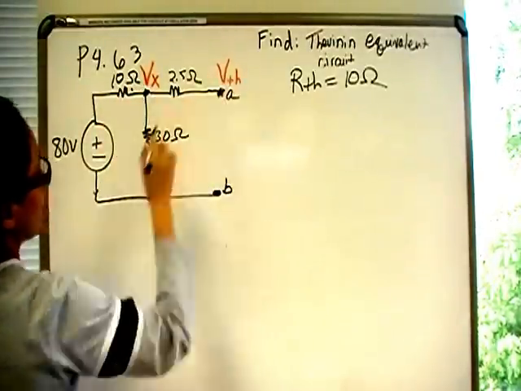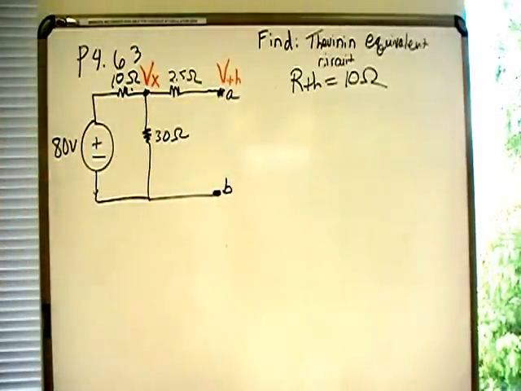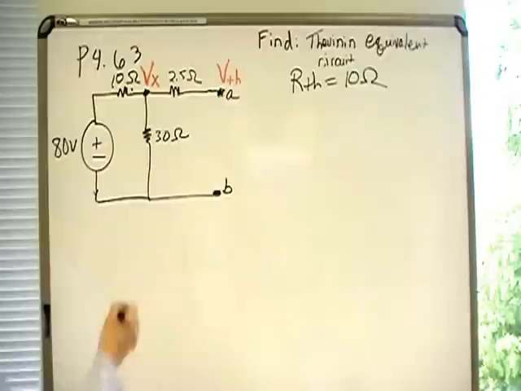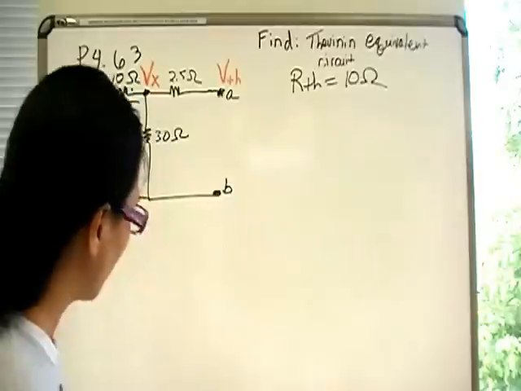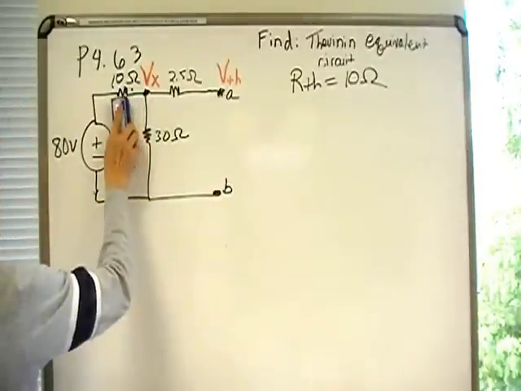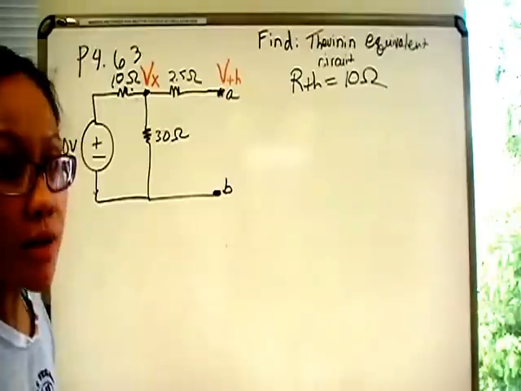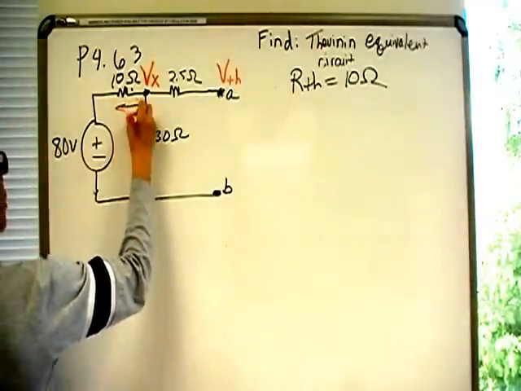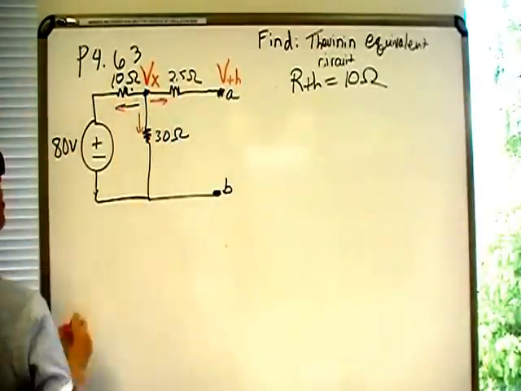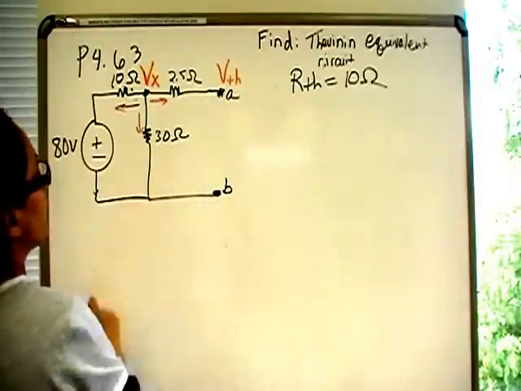So, node voltage says the sum of all the currents in and out of the node must equal 0. In other words, current is always conserved. So we have that current plus that current plus that current has to equal 0.